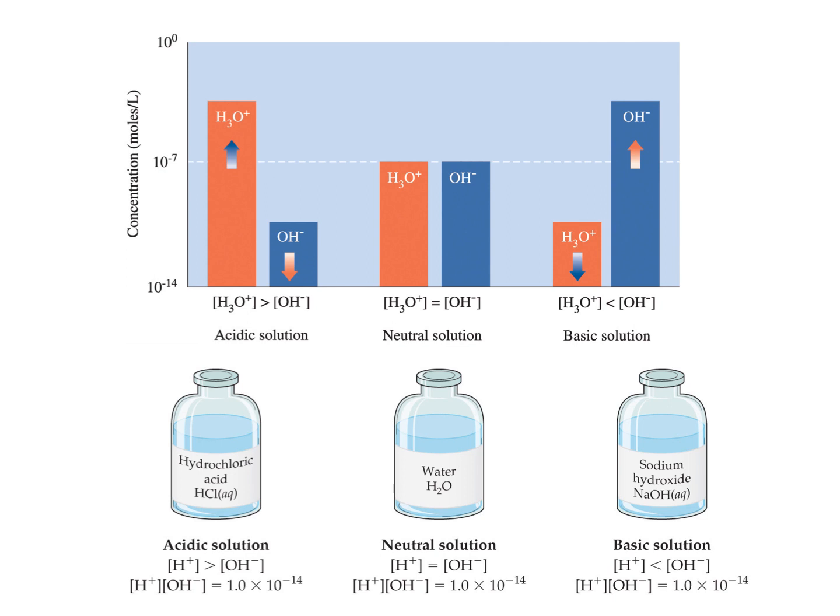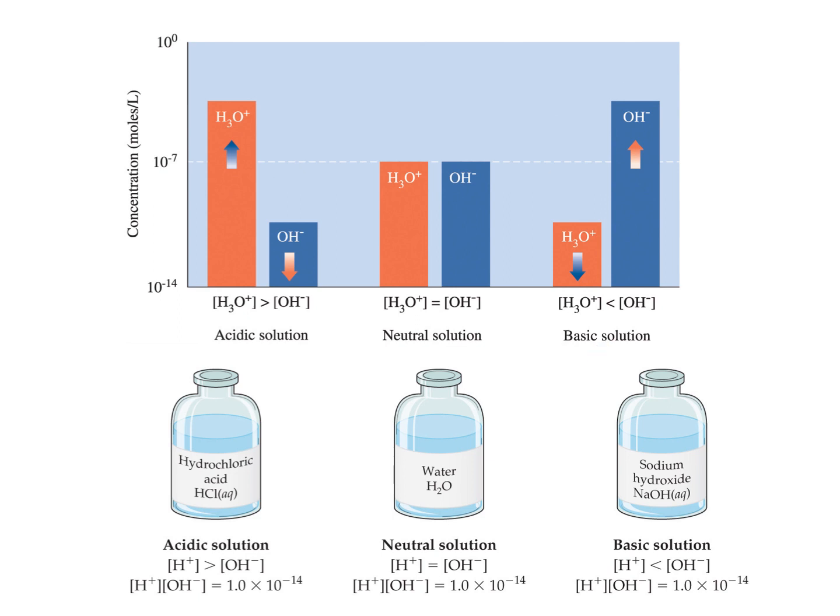Remember, those are used as synonyms. A neutral solution has equal amounts, okay? Water's a good example of that. Sodium hydroxide, for example, is one of the bases that we talked about, and it's going to have more hydroxide ion in solution than H3O plus ions in solution, okay? And so that would be considered a basic solution.